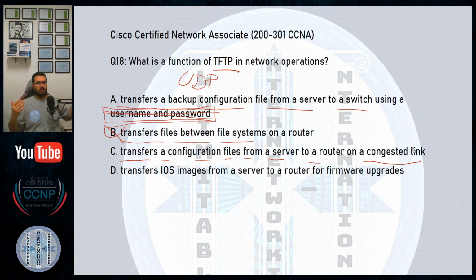And since it's a congested link, definitely you will lose some parts of the data while they are transmitted and the other parts will reach the other side, making them useless, because they will be missing a lot of the other pieces of the puzzle. So never use TFTP file transferring while the link is congested, never at all.